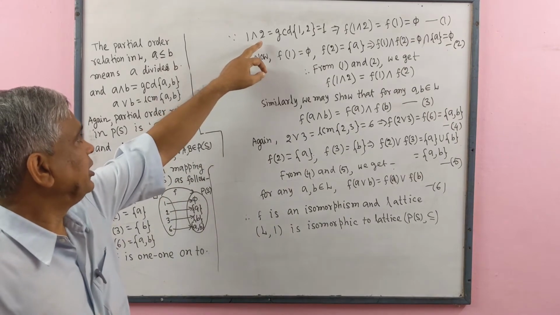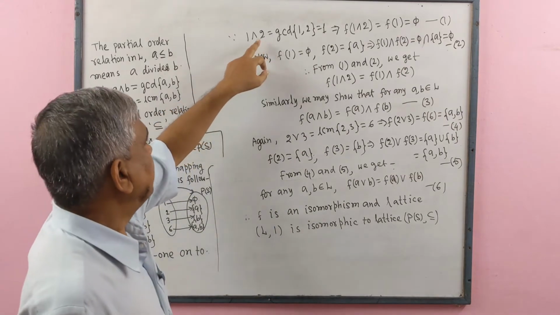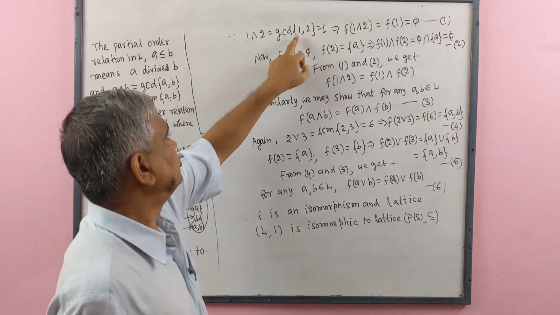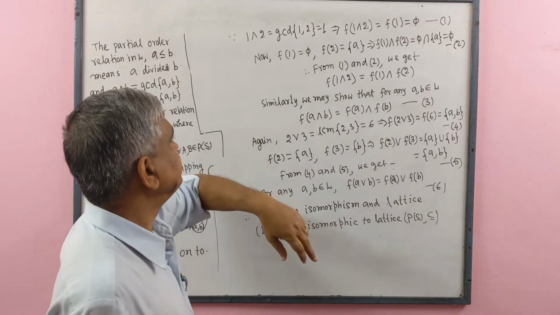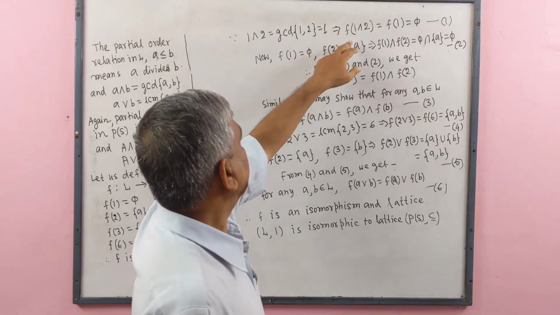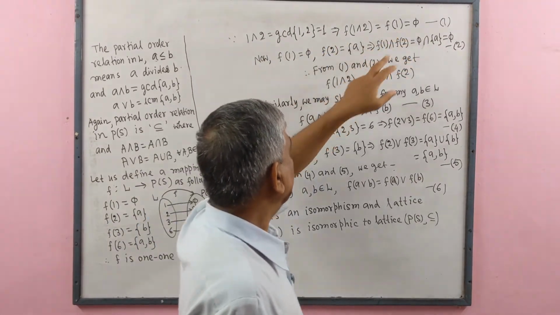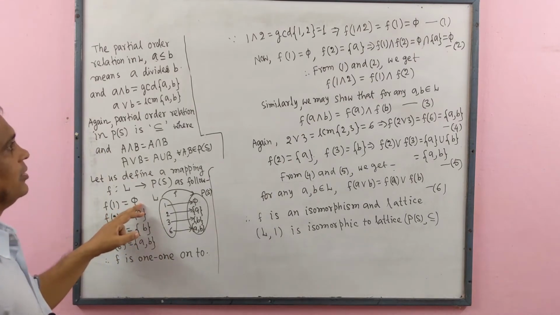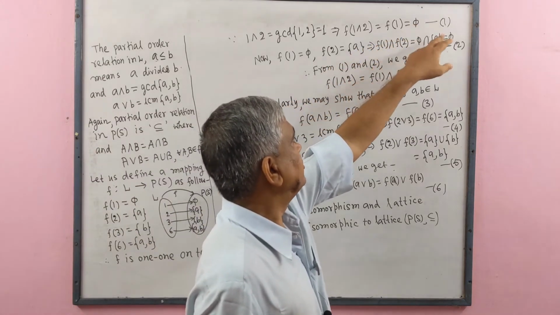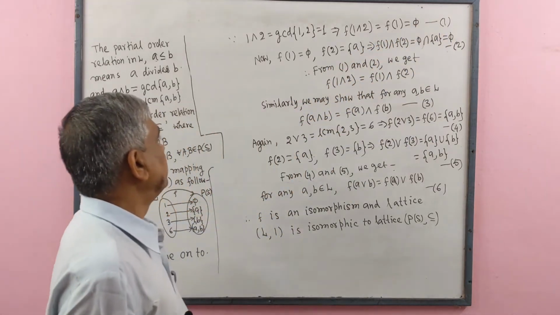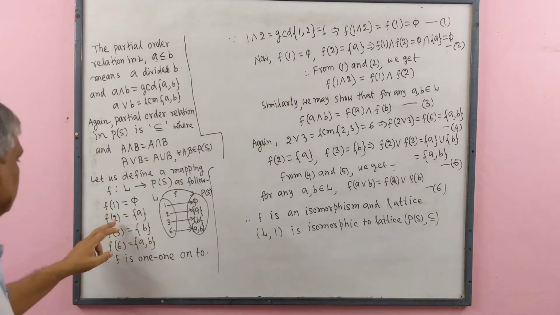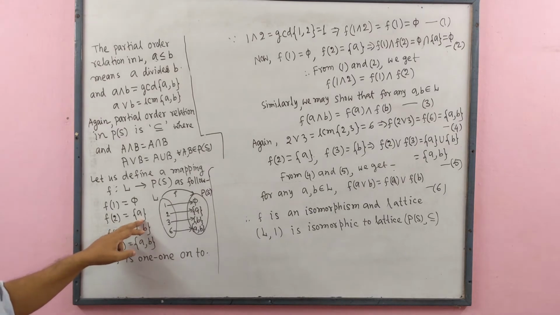Since 1 meet 2, here meet means GCD of 1 and 2. GCD of 1 and 2 is 1, which implies that f(1 meet 2) equals f(1), here f(1) equals phi. So we write phi, this is number 1. Now f(1) equals phi, f(2) equals the set containing element a.